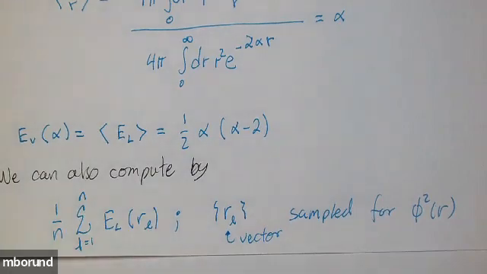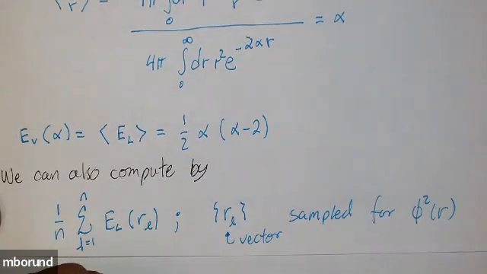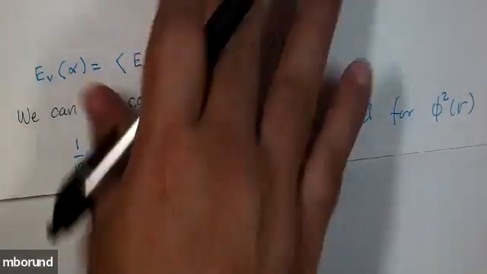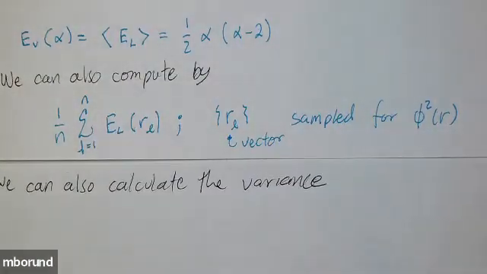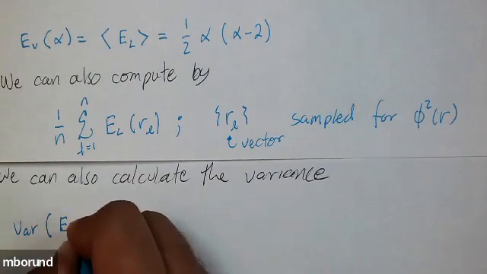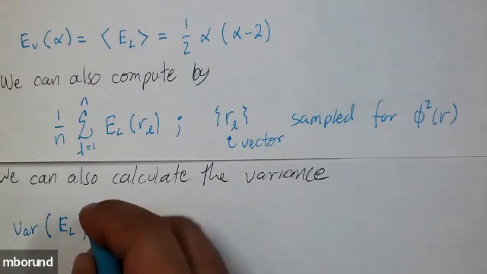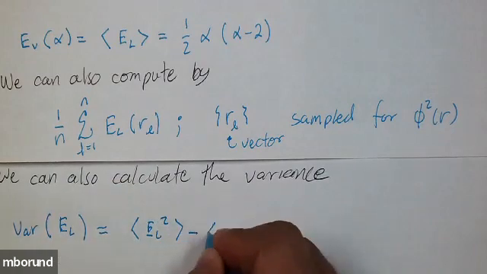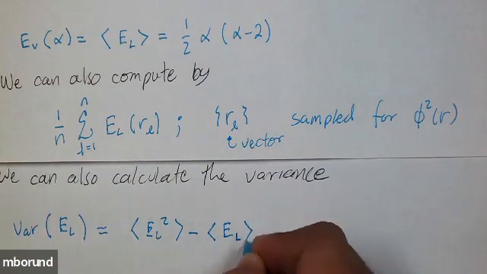We could calculate the variance, and now that we know what the function looks like, right? What we would say is that the variance of this E_L is the expectation of E_L squared minus the expectation of E_L, squared, like that.